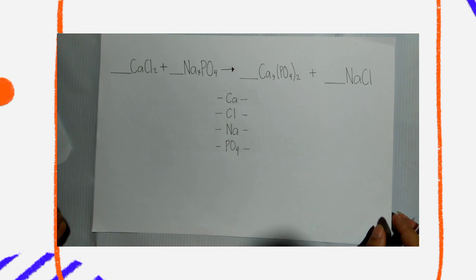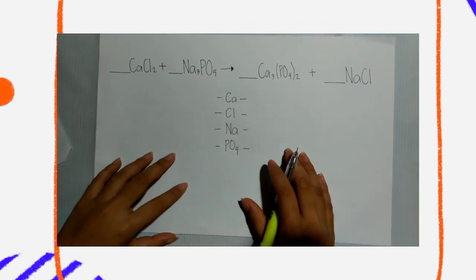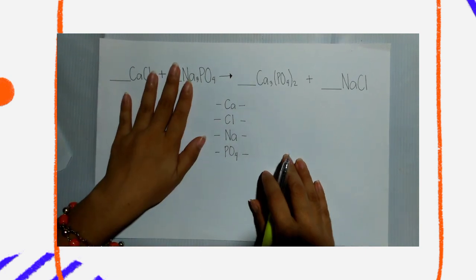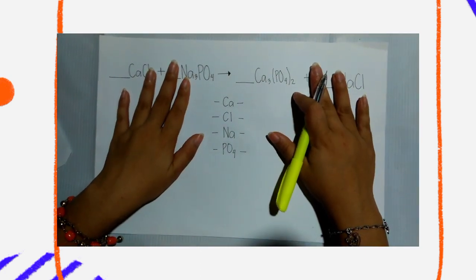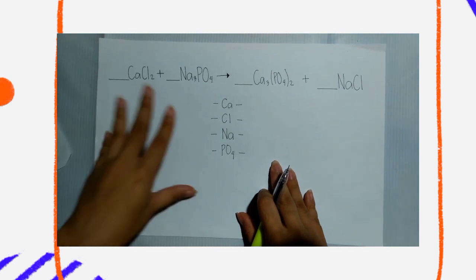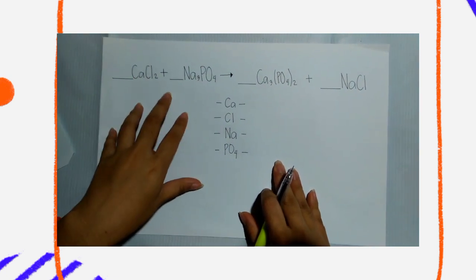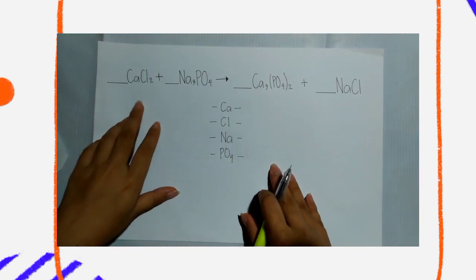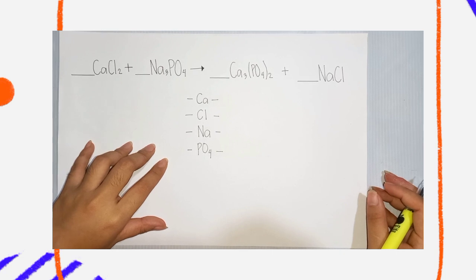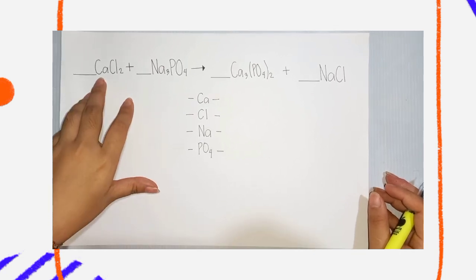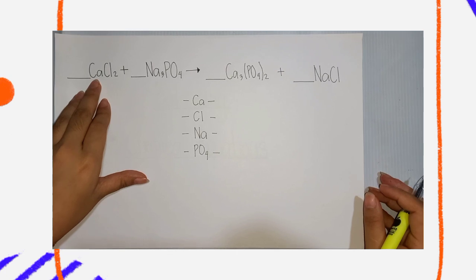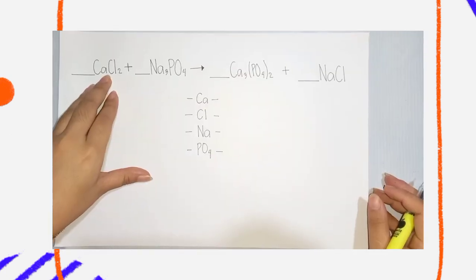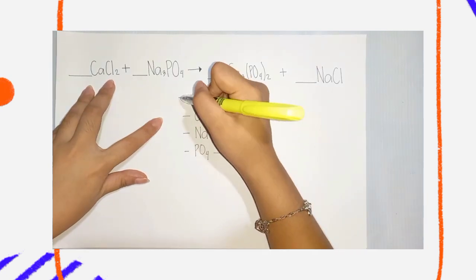Next, we need to count the number of atoms or the subscripts of each element in the reactant and the product side. First we are going to get the subscripts in the reactant side. The subscript for our Ca, or calcium, is assumed to be 1 because we cannot see a number after the element, so we write 1.